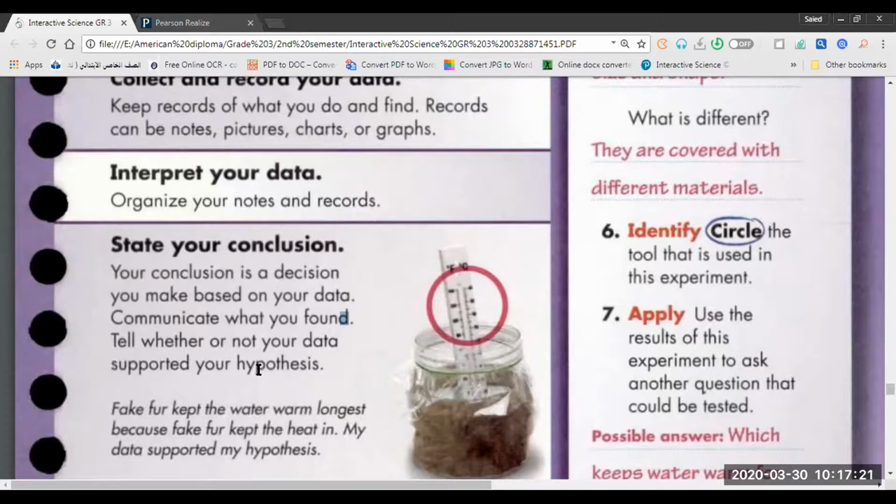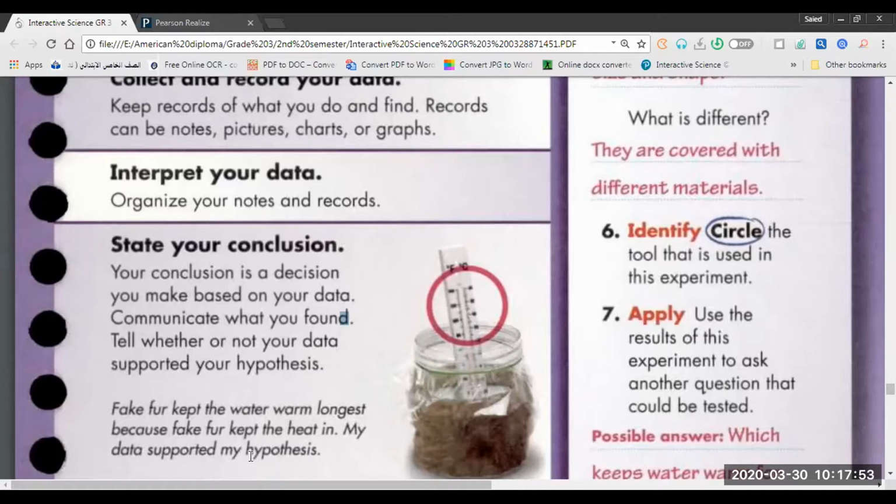Okay, so here, when we find the fair kept the water warm longest, by using the thermometer, and we find the thermometer records the highest temperature, more than the other jars, that means yes, the fair can keep the water warm longest, and the fair can help us in this.